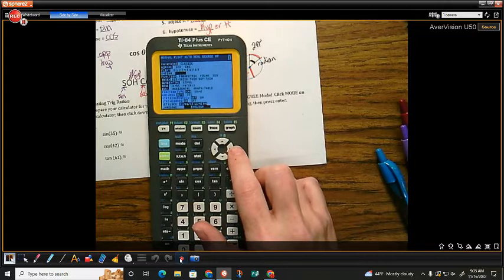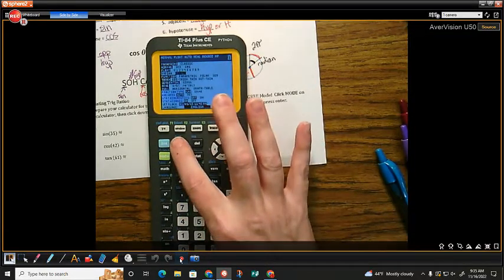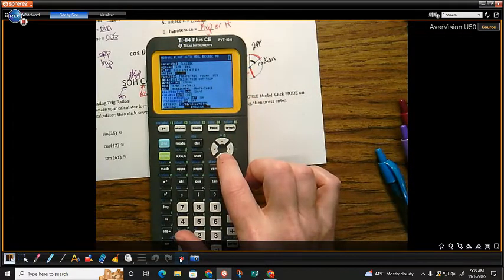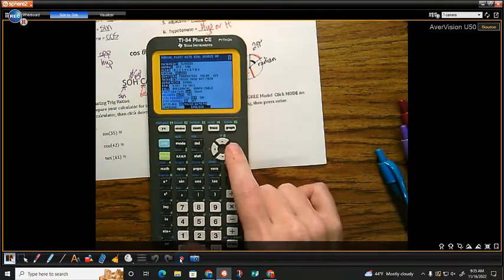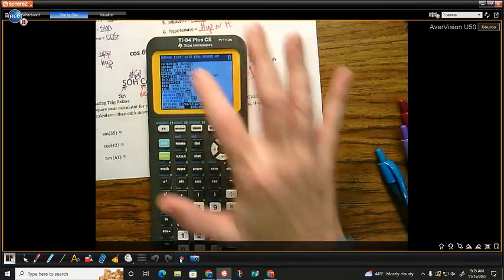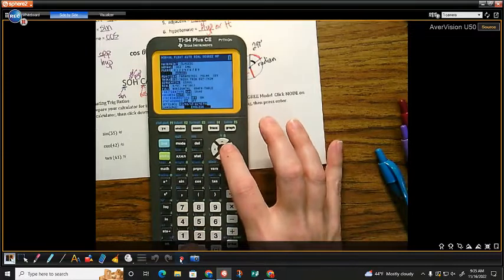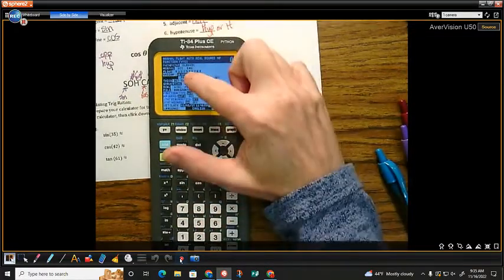You want degrees to be selected. Okay. You want it to always be on degrees. So if yours is not selected for degrees, you'll always want to make sure you arrow over to it and hit enter to select it so that degrees is the one that's highlighted in black.